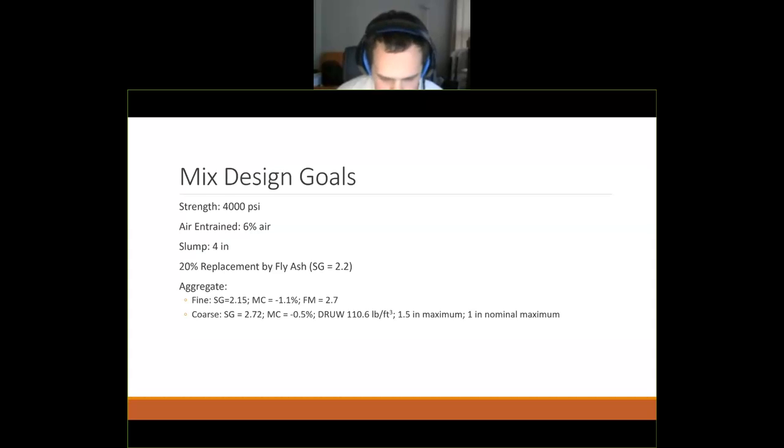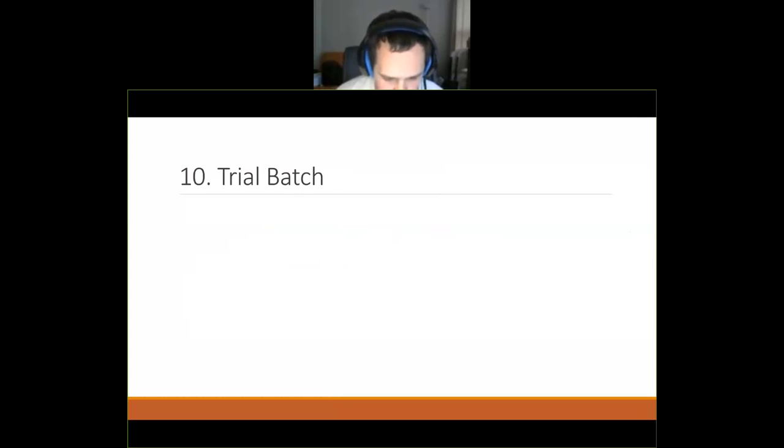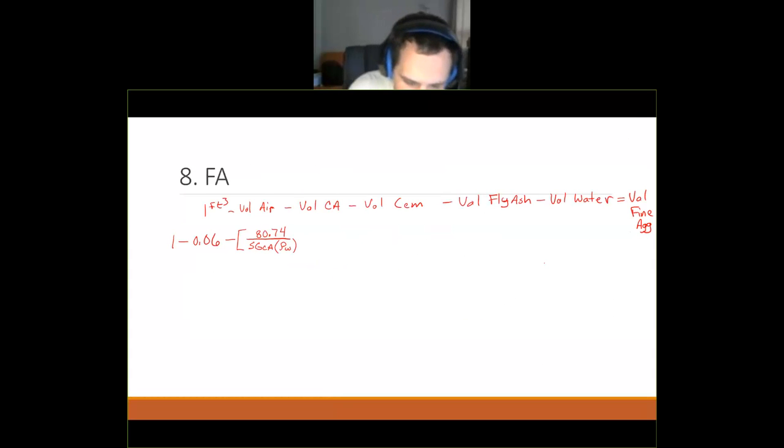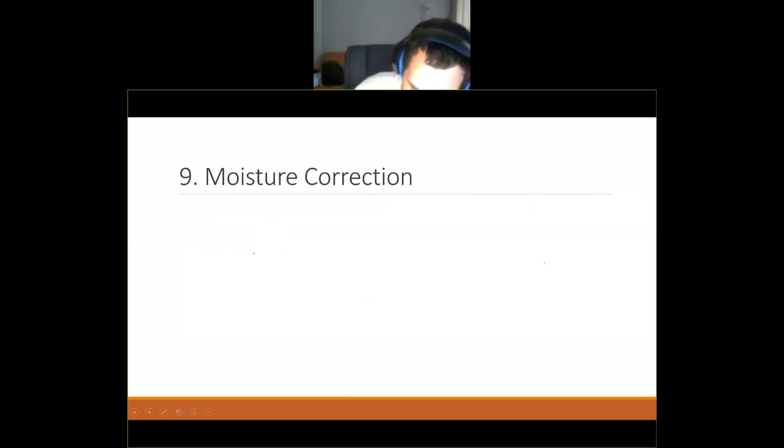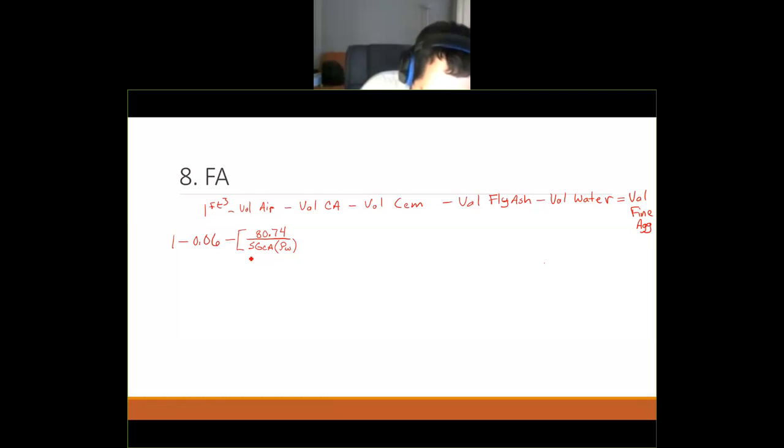All right, here we are. So our specific gravity here, I would plug in as 2.72, and unit weight of water is 62.4 pounds per cubic foot.